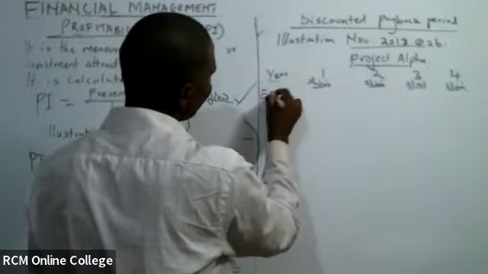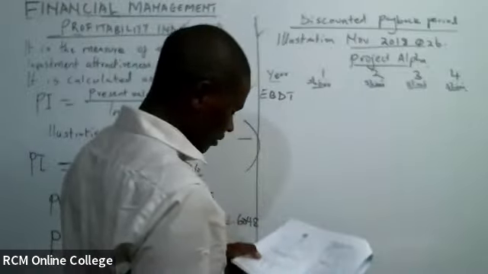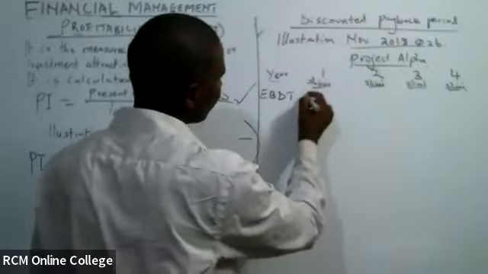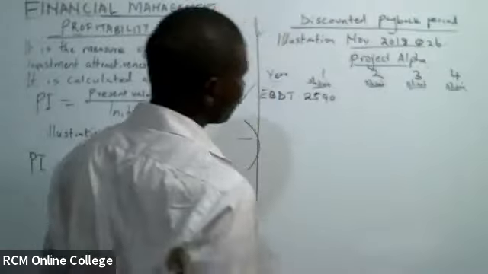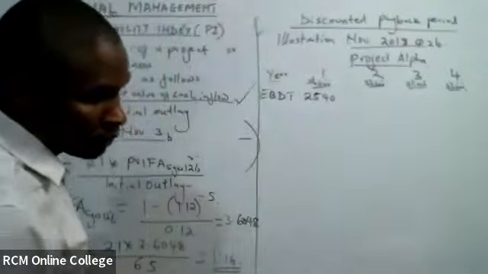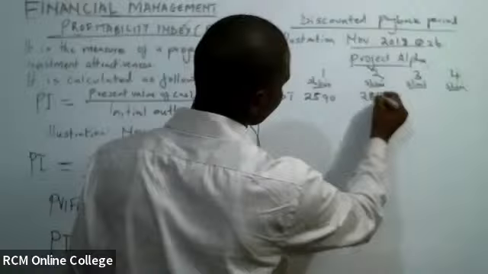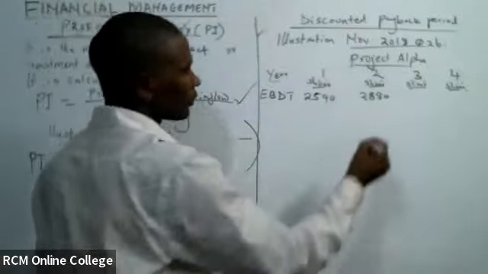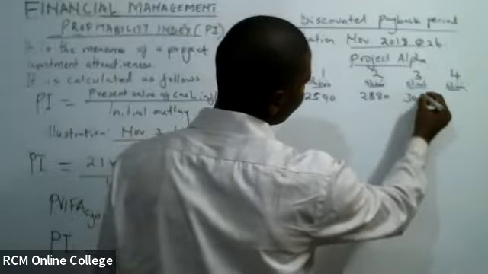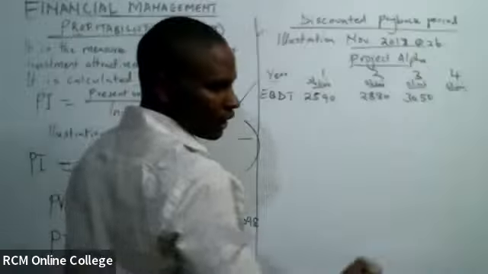Our earning before depreciation and tax for year 1 is 2590. Year 2, 2880. Year 3, 3050. And year 4, 2950.